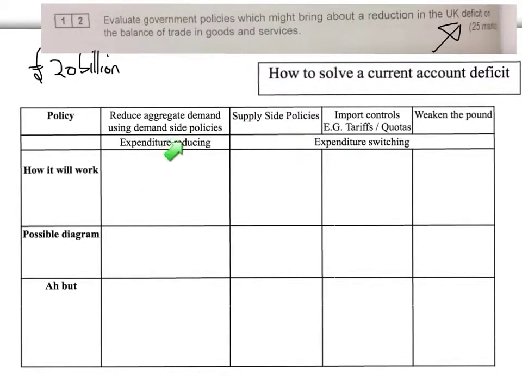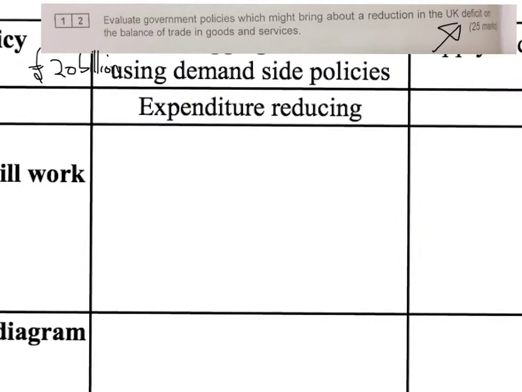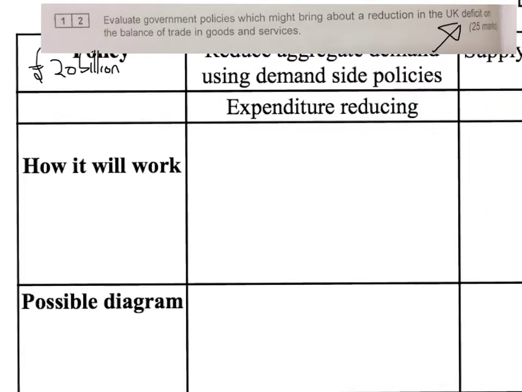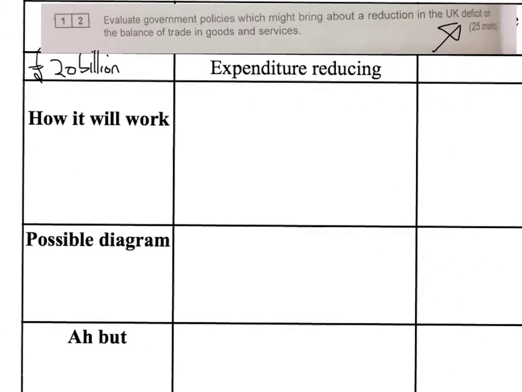Reducing aggregate demand would be one policy to improve our trade deficit. You'd first of all zoom in and go to how it would work. So I'll draw a diagram first of all. The diagram is just an AD-AS diagram with AD going down.